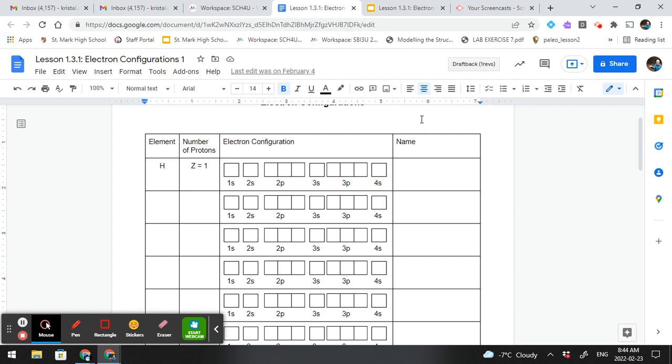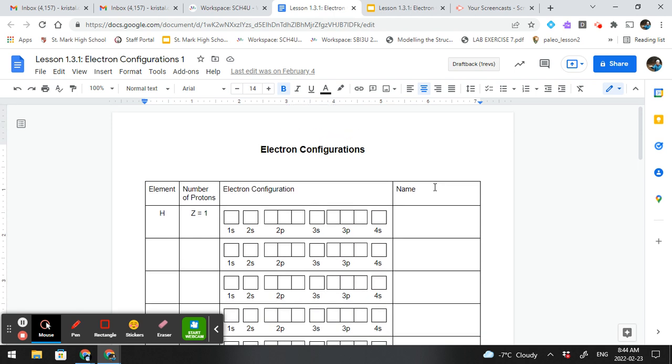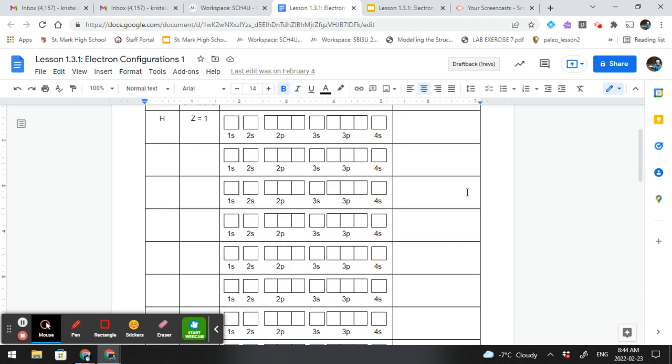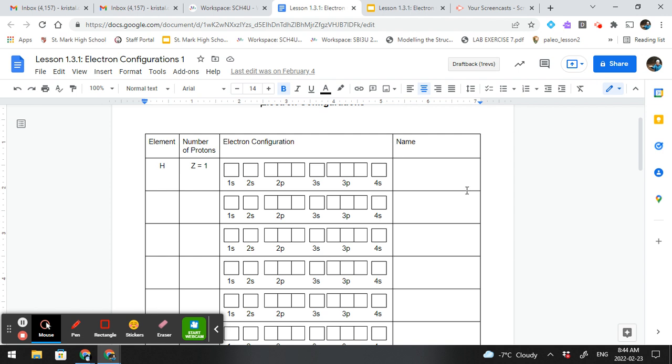So this doc, you can either print it out or just do them on paper. But follow along and I'll show you how we complete these orbital diagrams for each element and its number of electrons. So starting here with hydrogen.